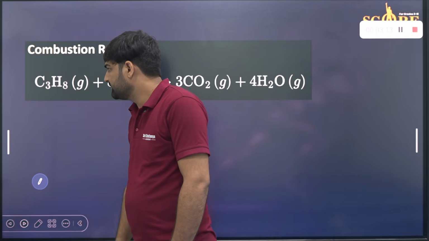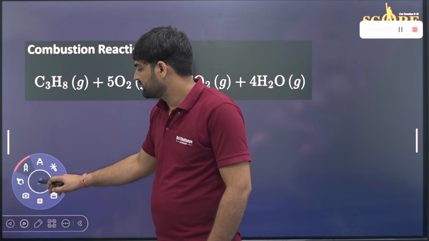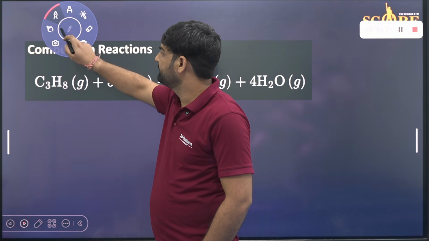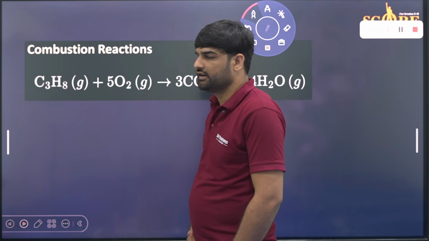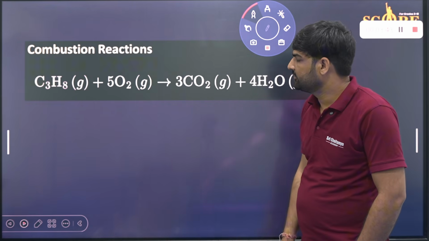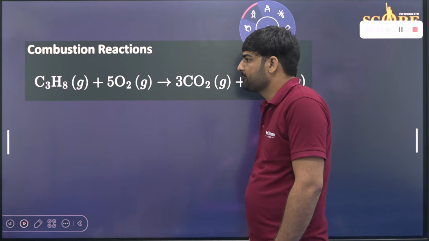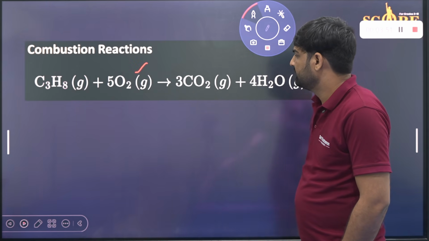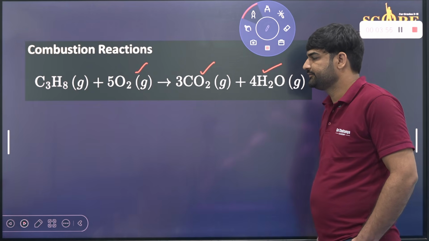Next is combustion reaction. What is meant by combustion? The basic meaning of combustion is that we have to burn a compound in excess of oxygen, for example C3H8. Propane is burnt in excess of oxygen, then carbon converts into CO2 and hydrogen converts into H2O.